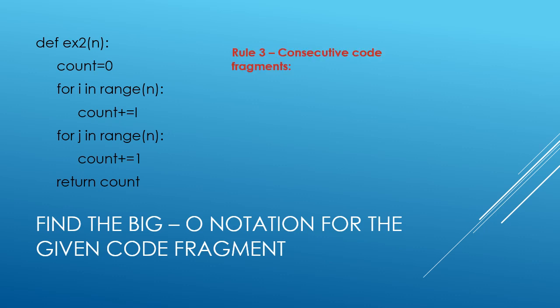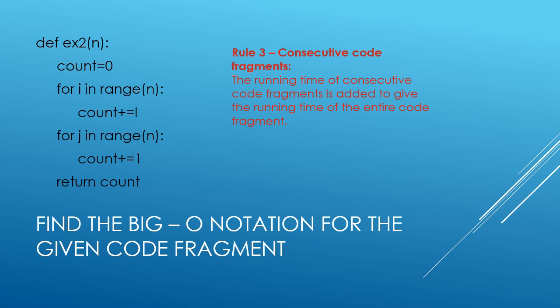Rule 3. Consecutive code fragments. The running time of consecutive code fragments is added to give the running time of the entire code segment. So the running time of the first for will be O(n) and the running time of the second for will be O(n).